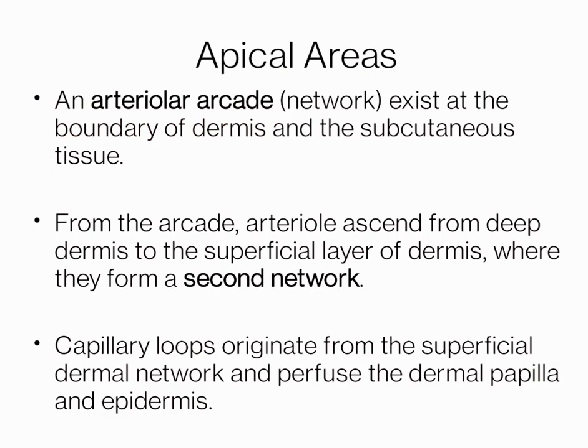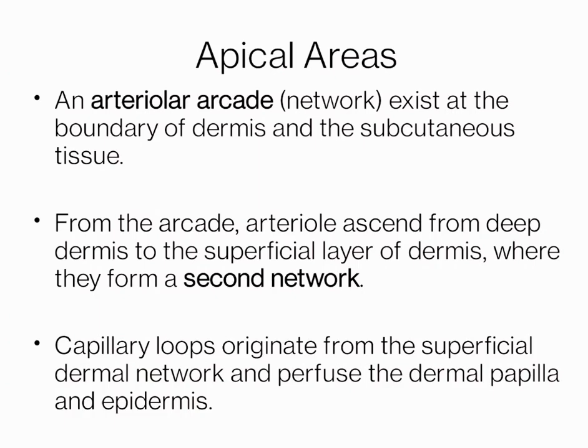In the apical areas, we have arteriolar arcade, which is a network that exists at the boundary of the dermis and the subcutaneous tissue which underlines the tissues of the body.